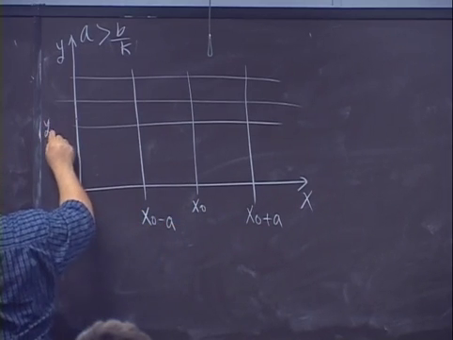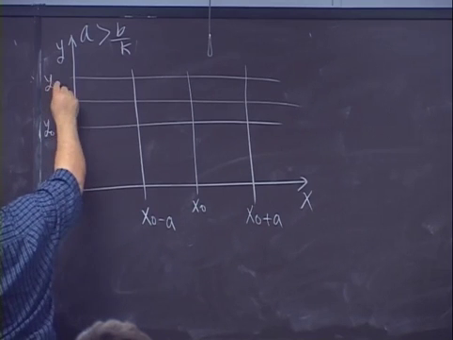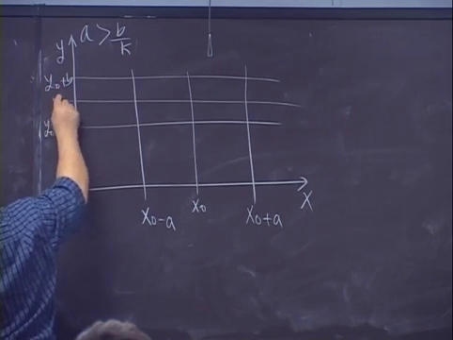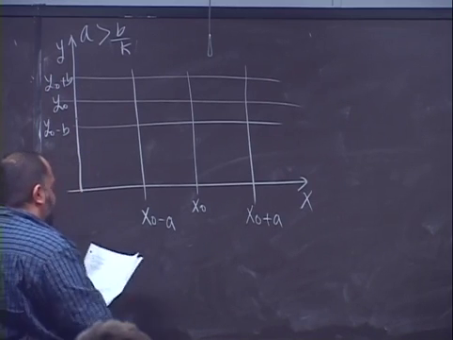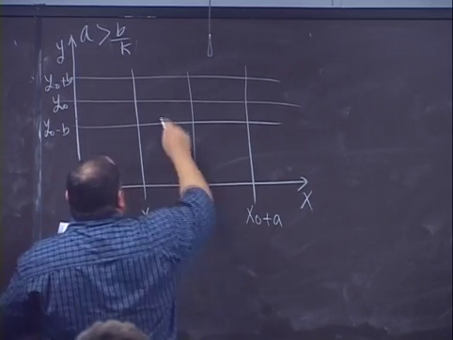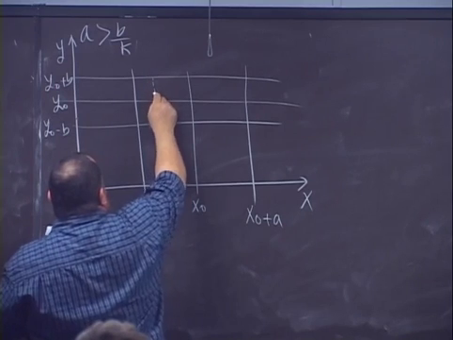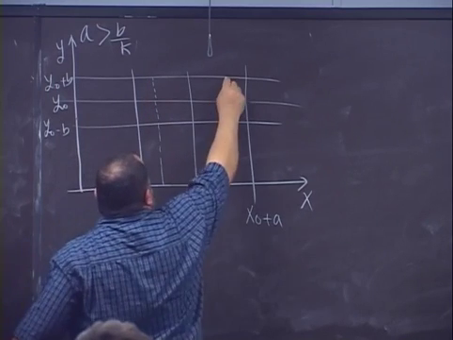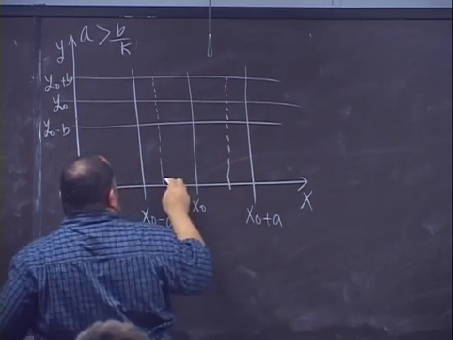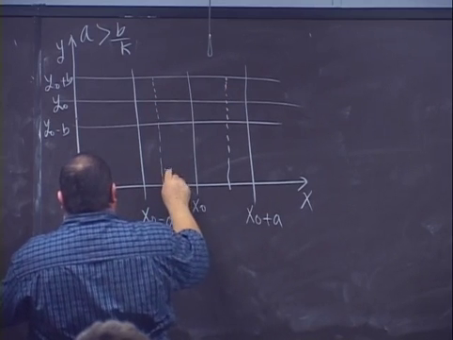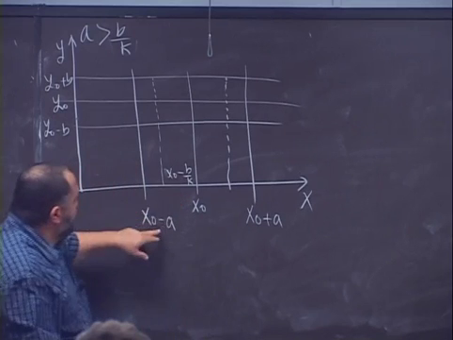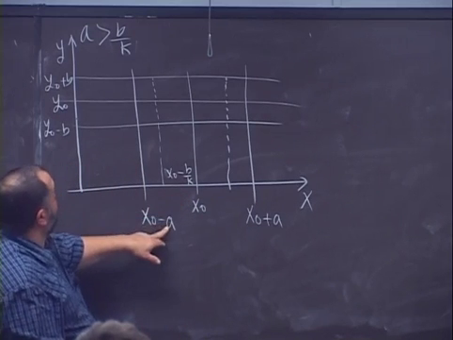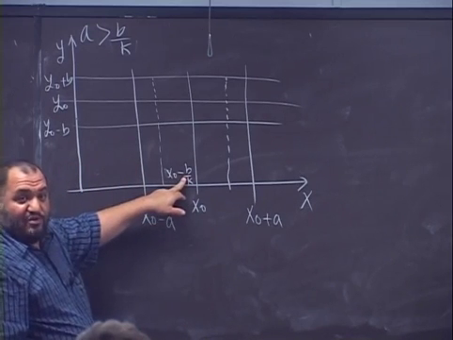This is y naught minus b, y naught plus b, and this is y naught. Now, in this case, this point here is x naught minus b over k, because here we said that a is greater than b over k.